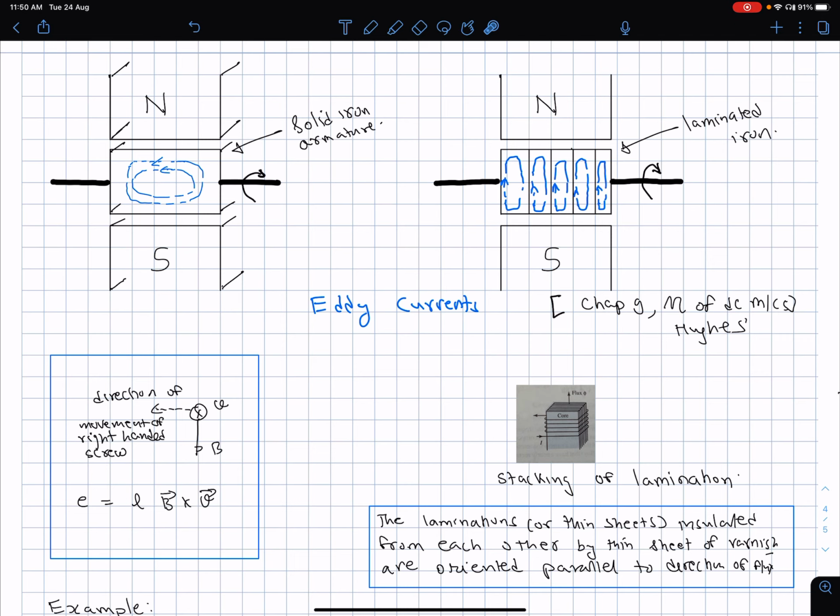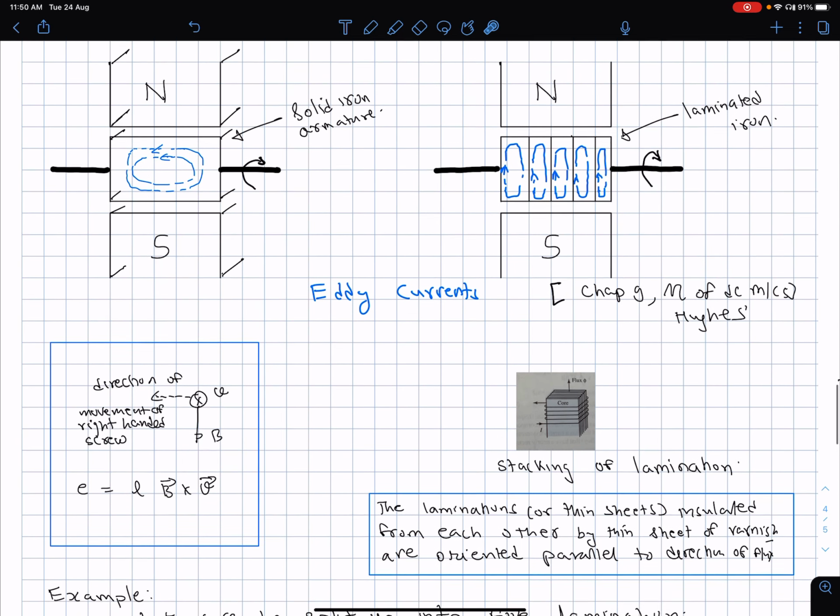Now there will be many eddy currents. Eddy current is not one current. It's like you must have seen eddies in a pool of water, or a river or a lake as it hits the dam. A very similar analogy is used here.